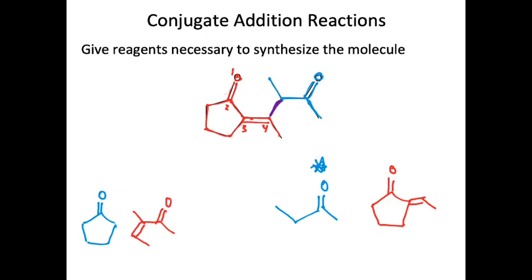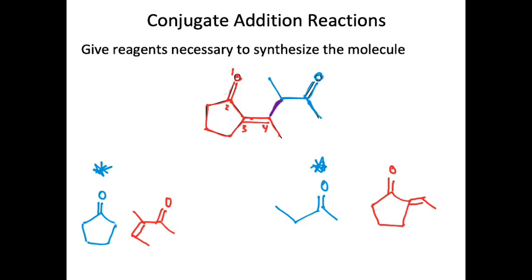Probably. Good answer. What do you think? The blue structure in both cases needs to act as what? The nucleophile. It needs to donate electrons because it's what's attacking the 4 position, our electrophilic site. Okay?